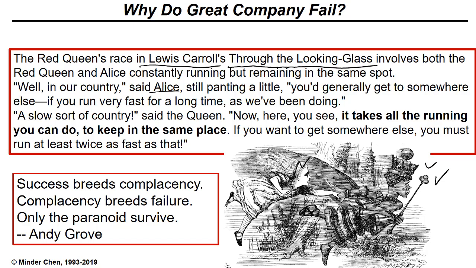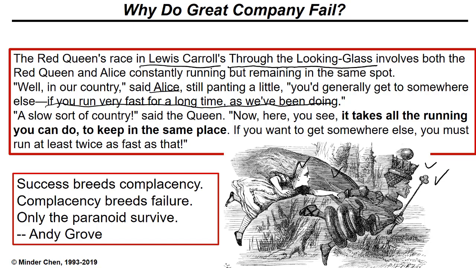Alice said that, well, in our country, you generally get to somewhere else if you run very fast for a long time, as we have been doing. But even though they're running really fast, they really stay in the same place. So the Red Queen responds, oh, that's a slow sort of country.